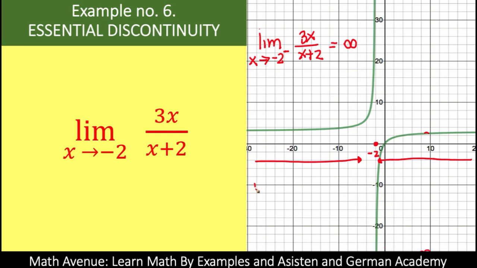So we now say that the limit of 3x over x plus 2 as x approaches negative 2 from the right is negative infinity. Now, since the left hand and the right hand limits do not agree, one is going to positive infinity and the other is going to negative infinity, then we now say that the limit of this function does not exist.